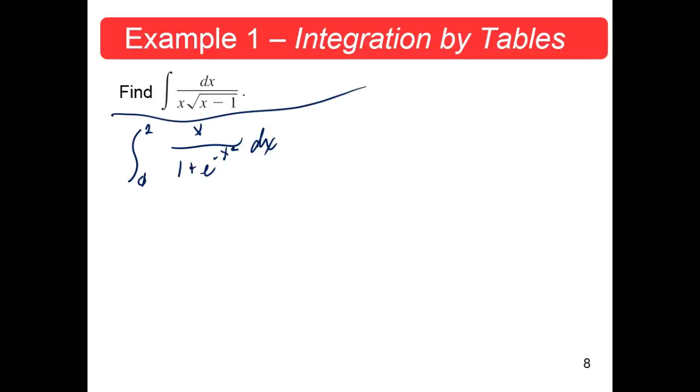Pick one. Minus. Okay, let's try this first. Let u equal minus x squared. Then du is equal to negative 2x dx. Well, we have an x dx, so let's get rid of the minus 2 by dividing that out.